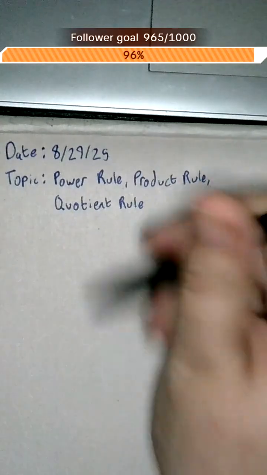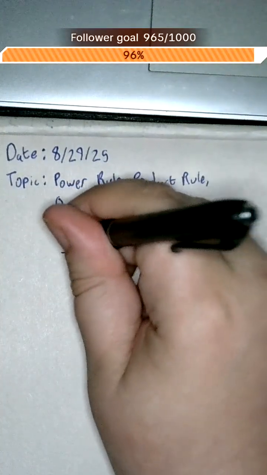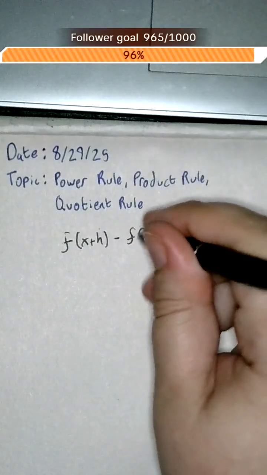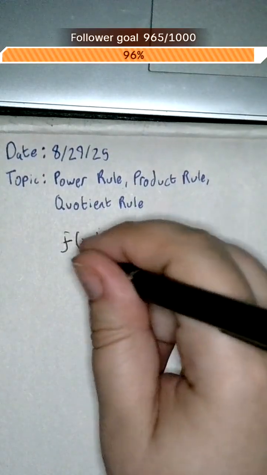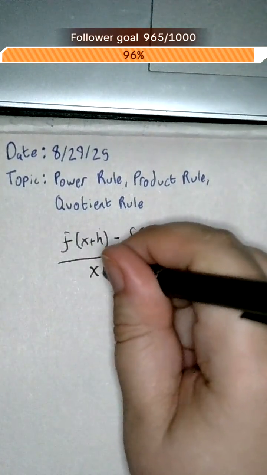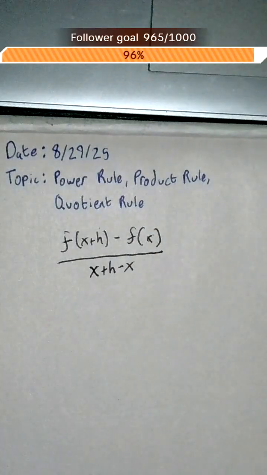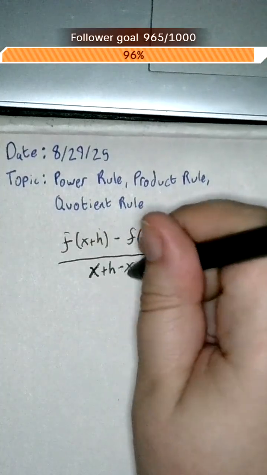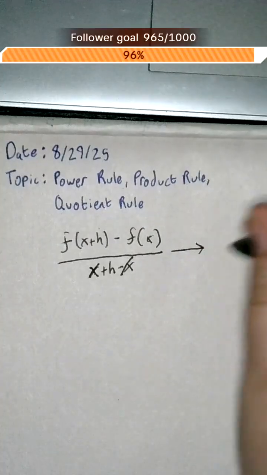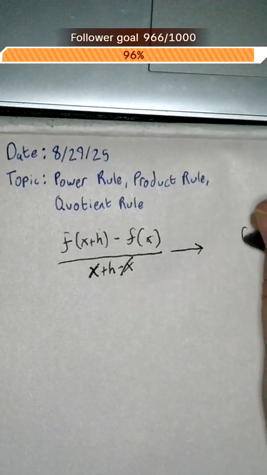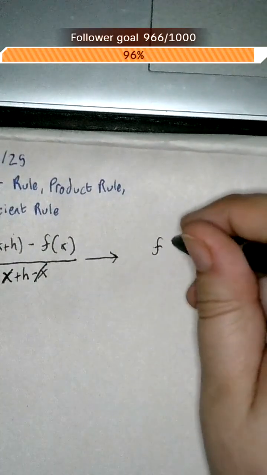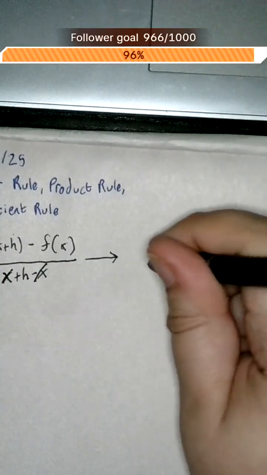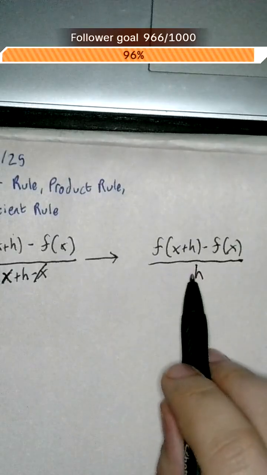Essentially, our slope is f of x plus h minus f of x, all over x plus h minus x. Well, as we can see, x minus x, we can say bye to that. So we're left with f of x plus h minus f of x, all over h. This is the slope of our tangent line.